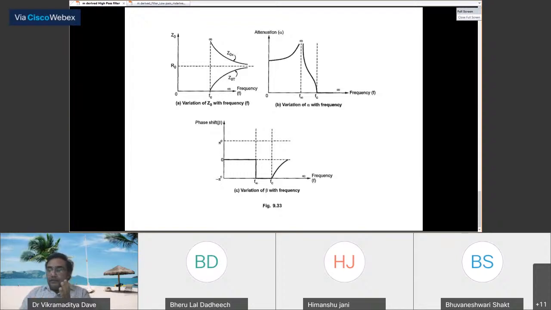Then we have to remember the prototype formulas for the high pass filter, and just substitute the corresponding values: C by m, or 1 minus m square upon 4m into Cn, and L by m, in both the T and pi sections. Today the diagram I gave you had some mistake by me, so I will correct it and send it to you.